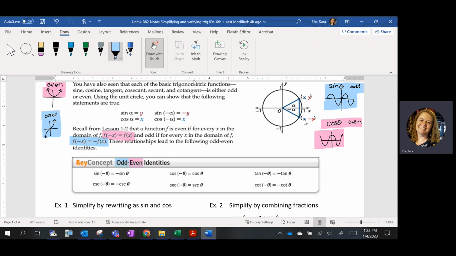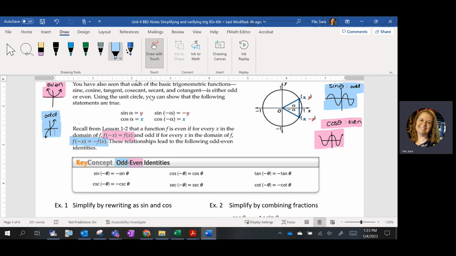Still a positive? But the y changes to negative. So if I have a positive alpha versus a negative alpha as my angle, as my input, it has no effect on the x value. But it changes the y to the opposite.